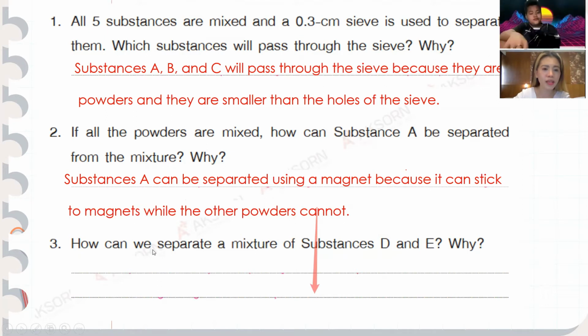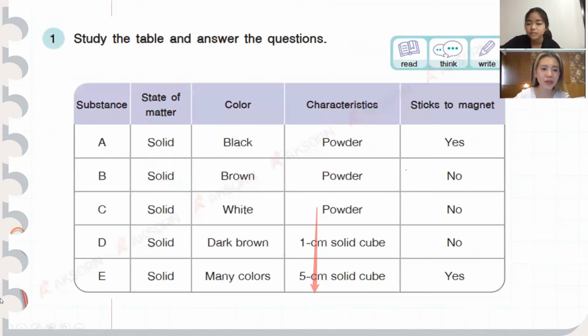How can we separate a mixture of substances D and E? Let's look for substances D and E. There are solid cubes, meaning they are larger than powders.